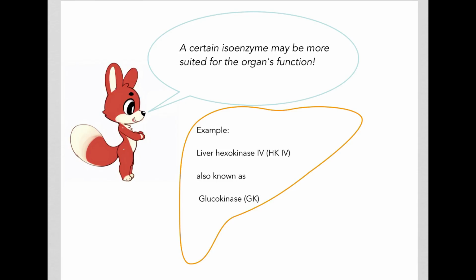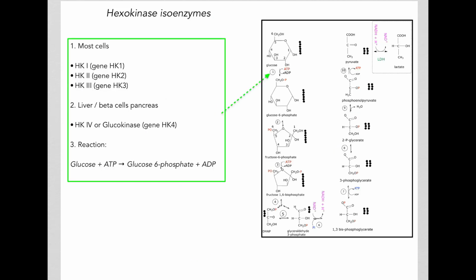In addition, isoenzymes may be more suited for the organ's function. So let's look at liver hexokinase 4, also called HK4 or glucokinase, and let's see why this hexokinase isoenzyme is suitable for the function of the liver compared to other hexokinase isoenzymes.